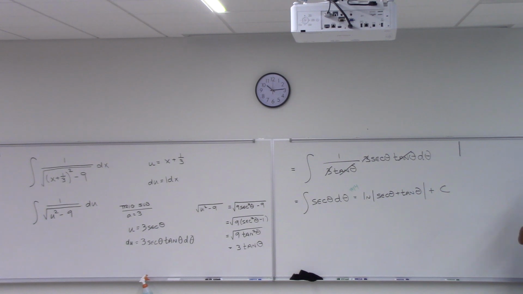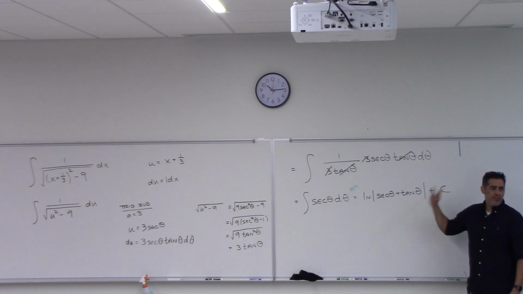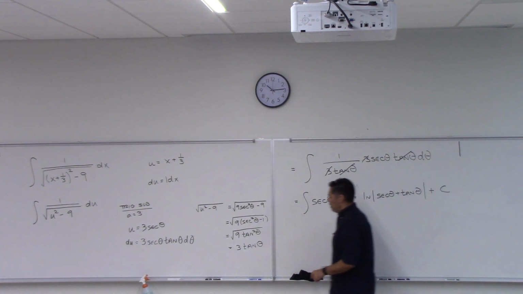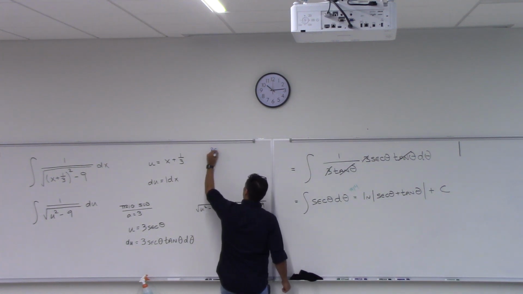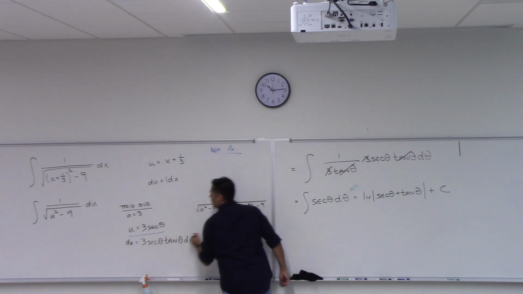And now we need to figure out what secant theta is, and what tangent theta is, right? So that means I'm going to need a reference triangle. I'll do my reference triangle over here. When I do my reference triangle, what am I basing it off of? My trig sub, right? This.